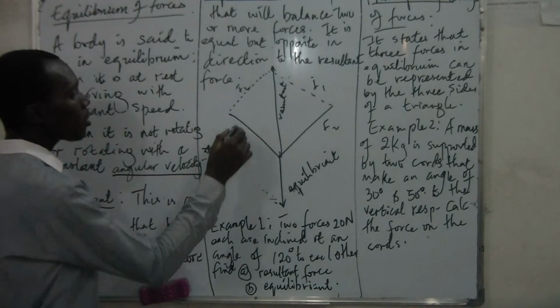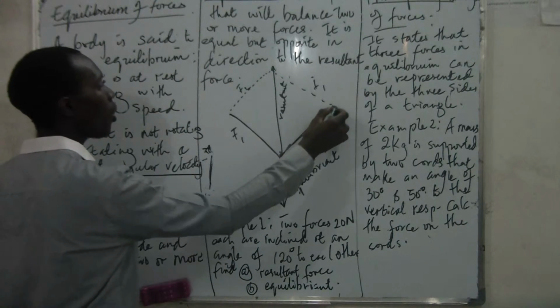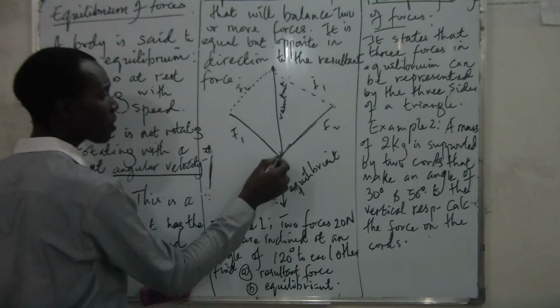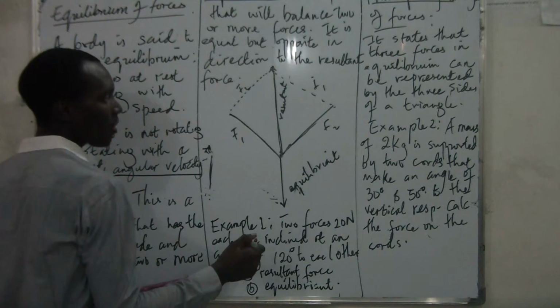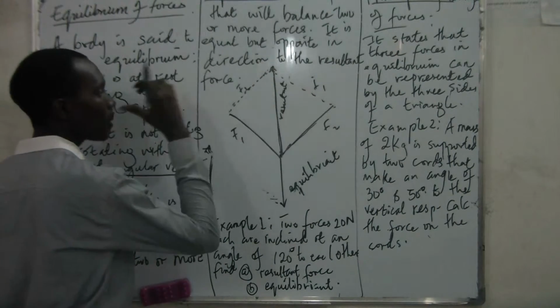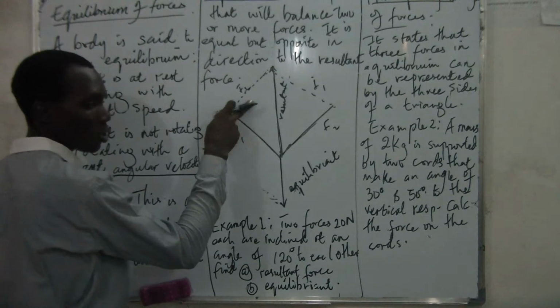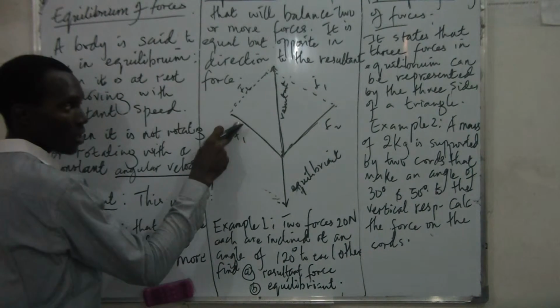So if we draw two forces this way, let's say they are inclined on a plane, the resultant force is a single force that has the same direction. If you observe here, we have these two forces. One of the forces is here, and this line is parallel to it, so we can represent this force by this dotted line. The other force is here.